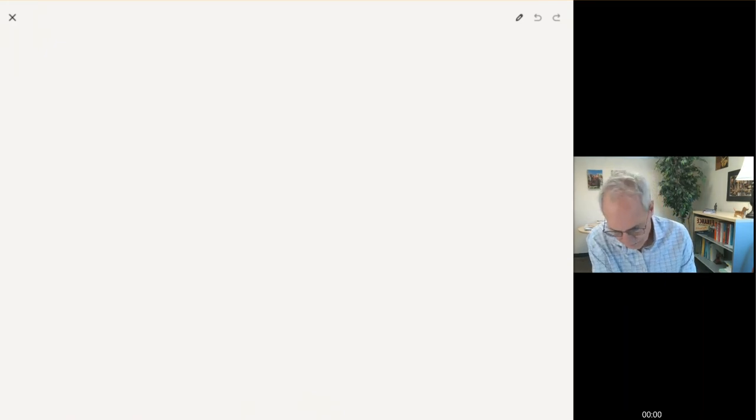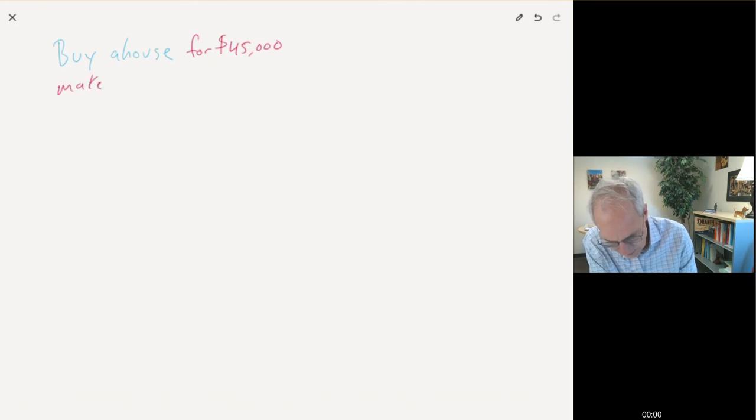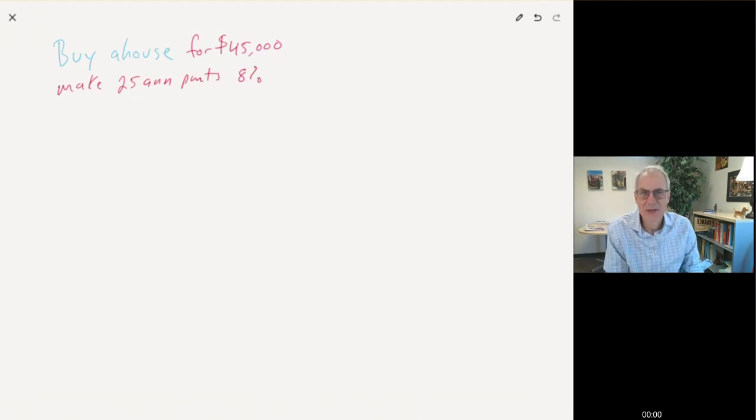So let's assume you wanted to buy a house for $45,000, and you're going to make 25 annual payments and be charged an interest rate of 8%.